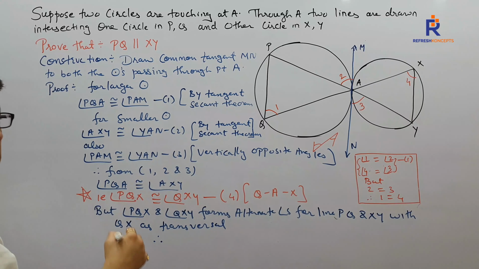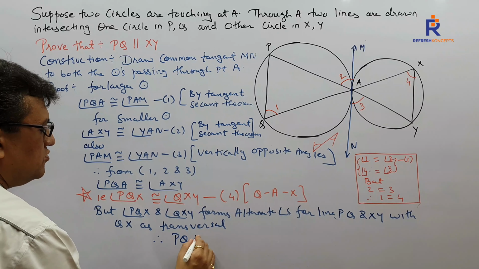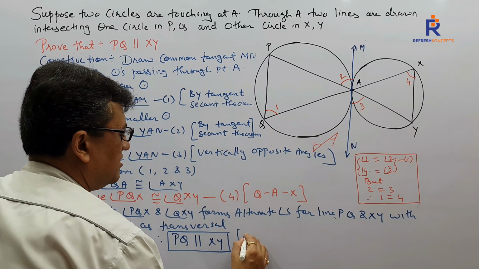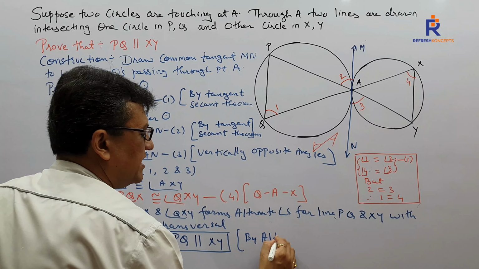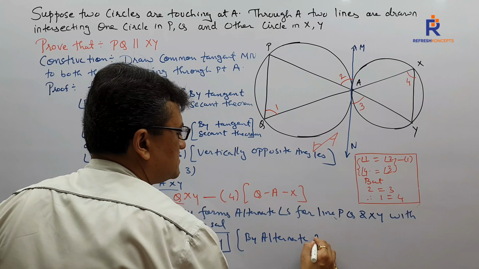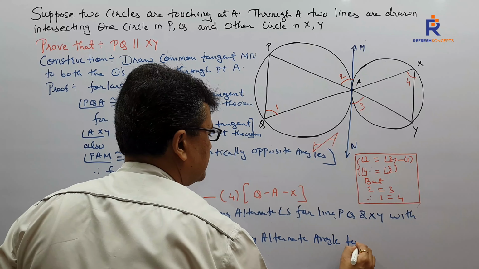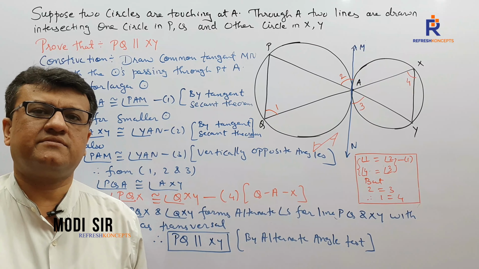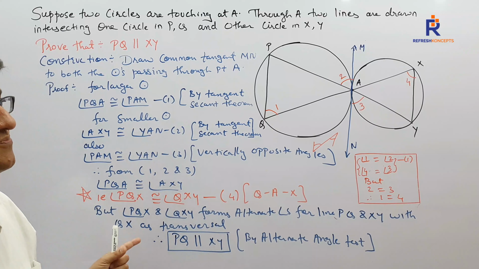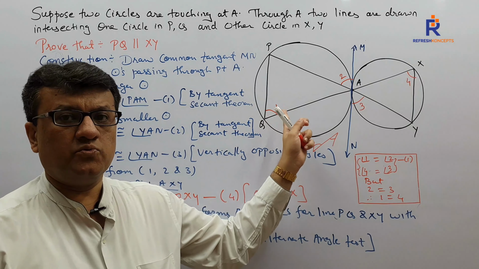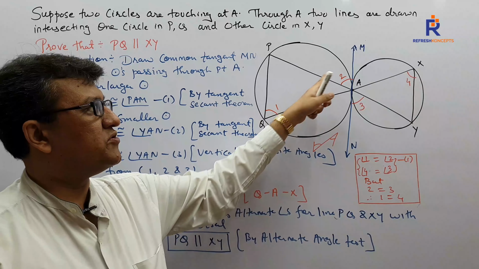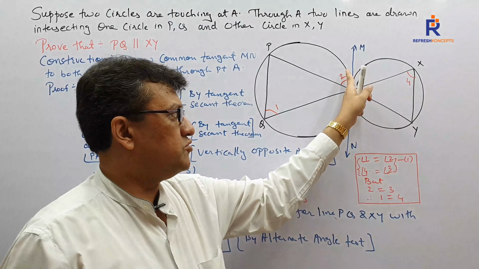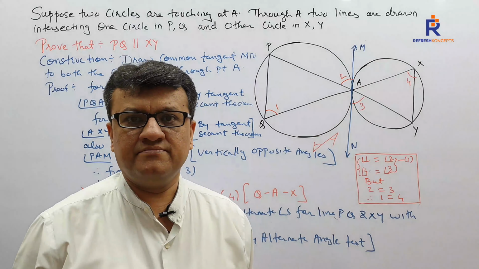Therefore, who is parallel to whom? PQ is parallel to XY. What is the reason? By the alternate angle test. The sum was quite simple. We just had to understand. We are understanding skeletally: 1 congruent to 2, tangent secant theorem; 3 congruent to 4, tangent secant theorem; 2 congruent to 3, therefore 1 with 4. Right?